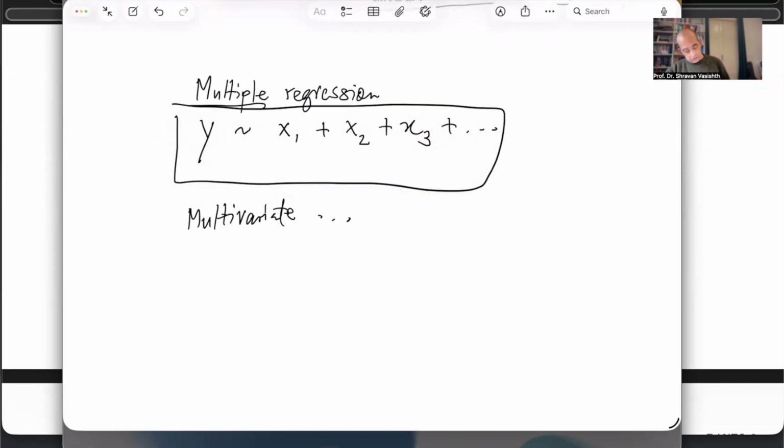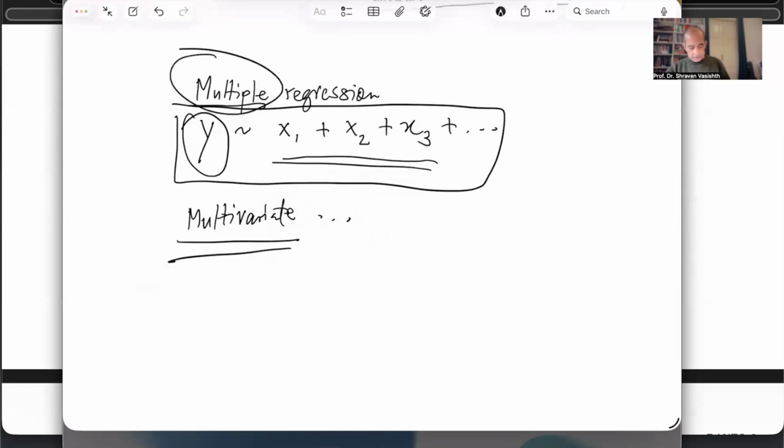Why is it wrong? It's wrong because there's only one dependent variable. This is a multiple regression because there are multiple predictors. Sometimes people use multivariate in place of multiple in multiple regression, so just be careful about that. In multivariate models, you will have more than one dependent variable.